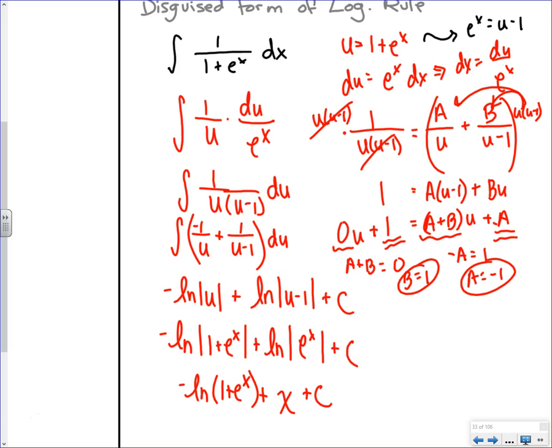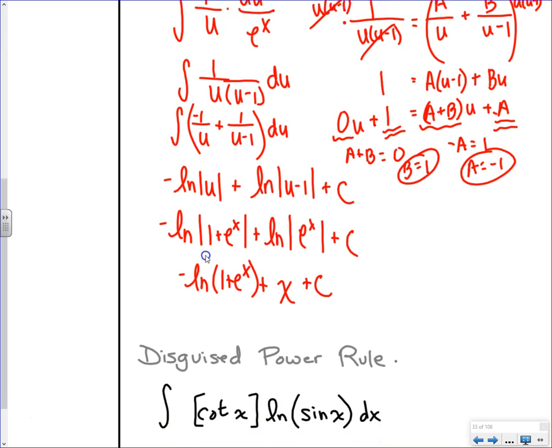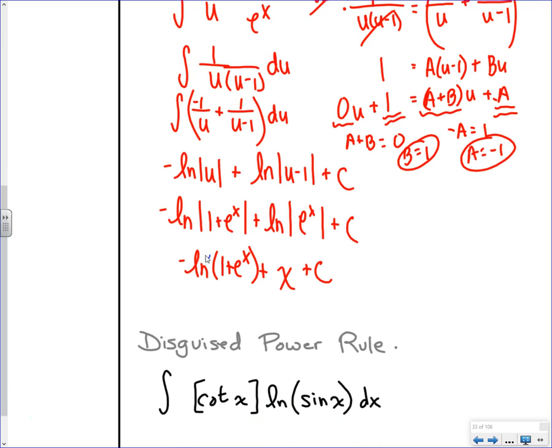Or if they wanted to be super snazzy, couldn't they make that a division? This guy would be on top and that guy would be on bottom. Or they could rewrite this as ln of 1 over 1 plus e to the x. They could use properties to make this look a lot of different ways.